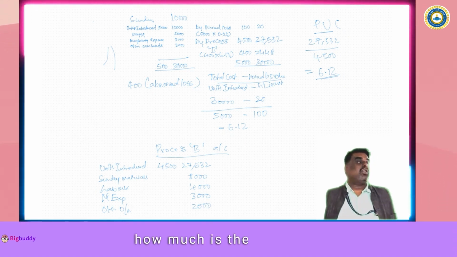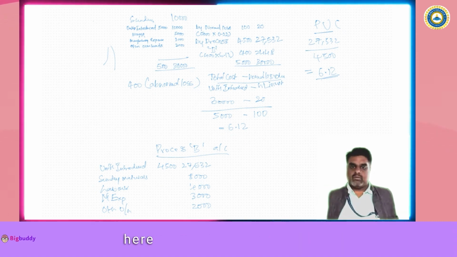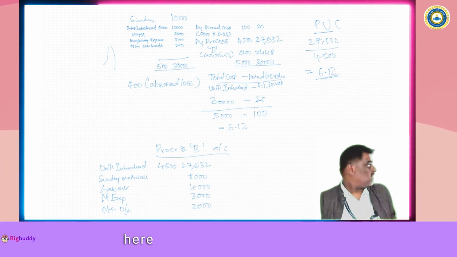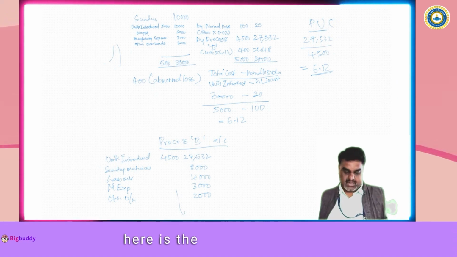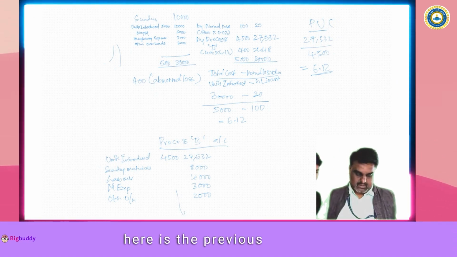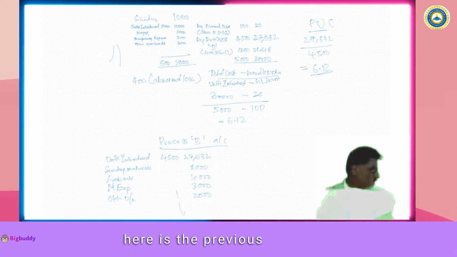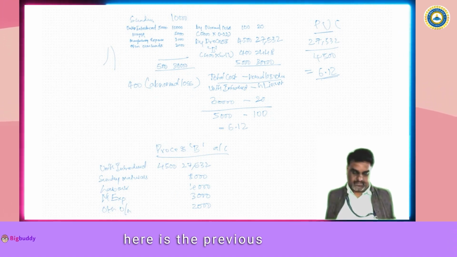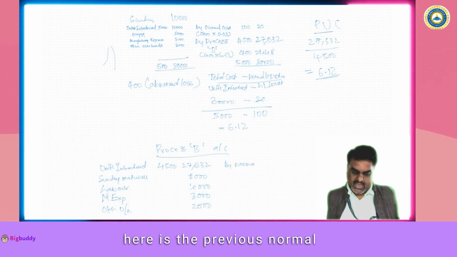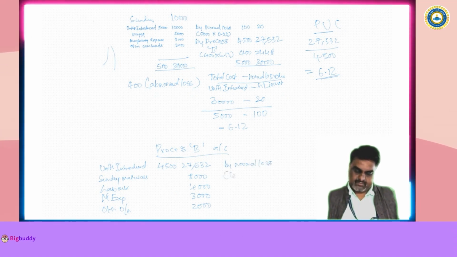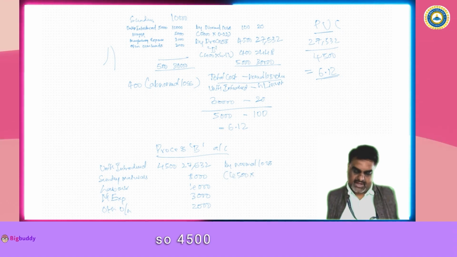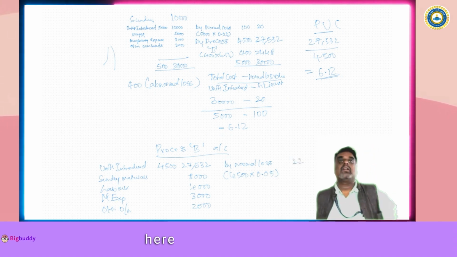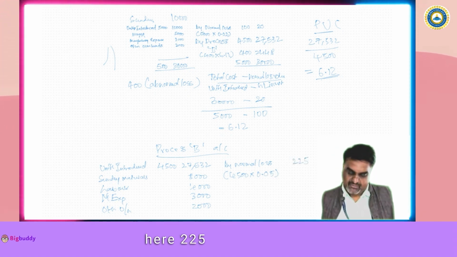So how much is the normal loss here? Let's see. So normal loss here, 4,500 into loss is 5% here. 225 units.